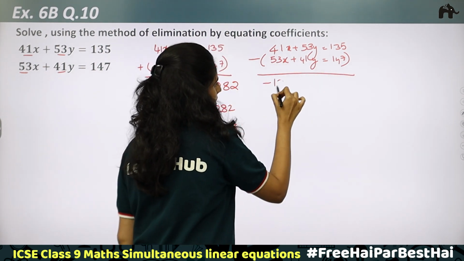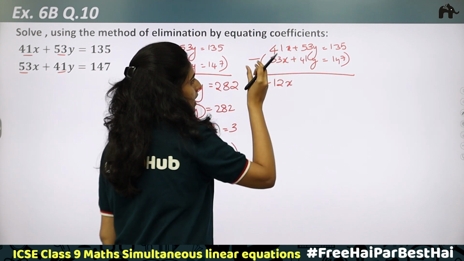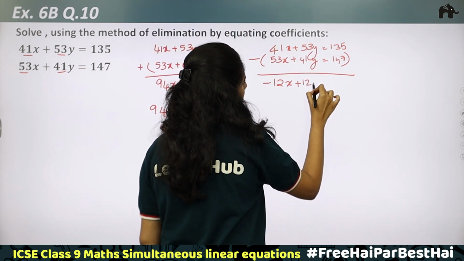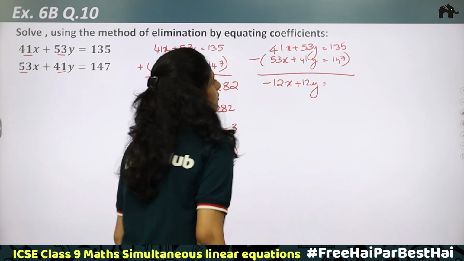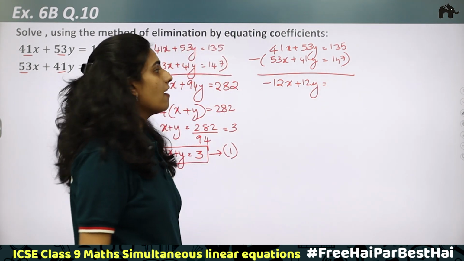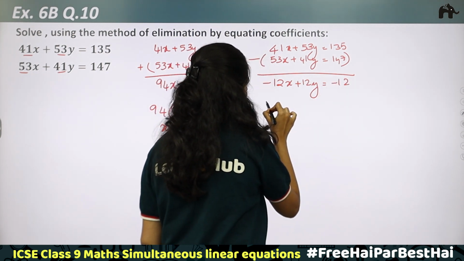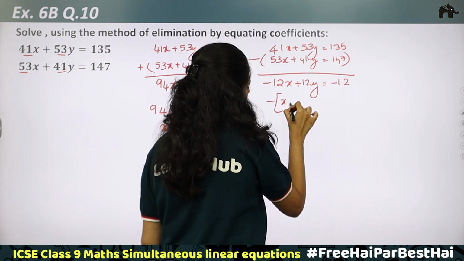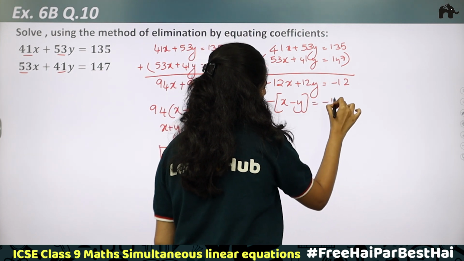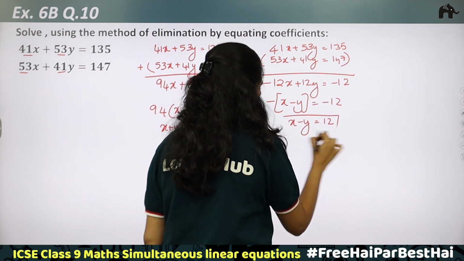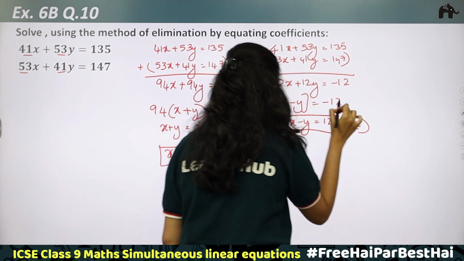Minus 12x. 53y minus 41y, which is plus 12y, is equal to 135 minus 147, which is minus 12. So, minus sign taken out, x minus y is equal to minus 12, which means x minus y is equal to plus 12. wait this is our second equation.